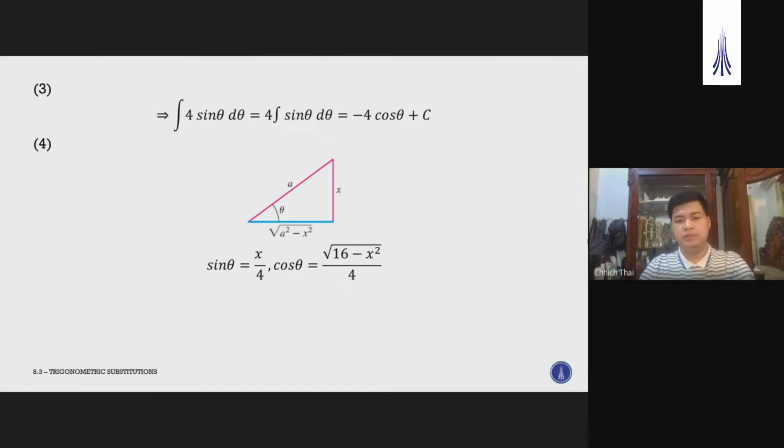Then we substitute the trigonometric functions into the answer, and we got the answer negative square root of 16 minus x squared plus c.